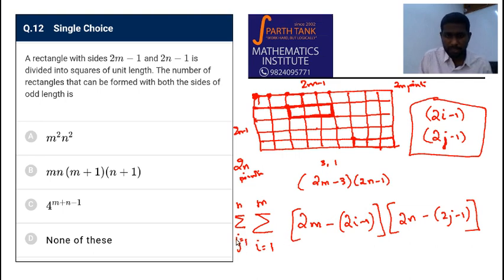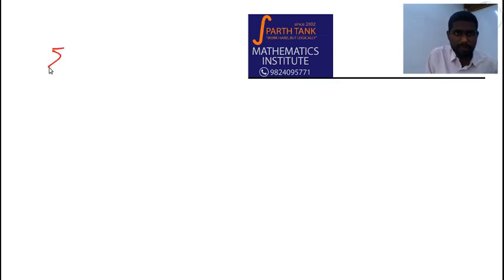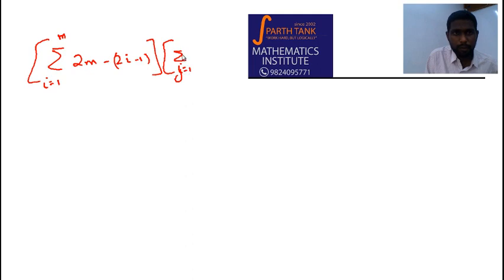How to do the summation? This summation is independent of j, and the other is independent of i, so I can split this into 2 pieces. It becomes the summation of 2m minus 2i minus 1 from i equal to 1 to n, and the summation over j equal to 1 to n of 2n minus 2j minus 1.